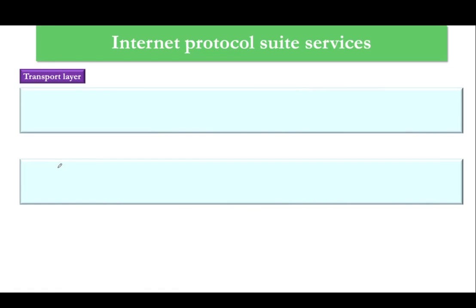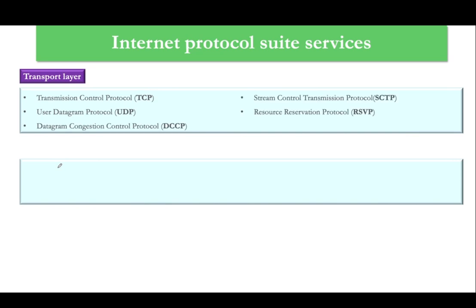The first one is the Transmission Control Protocol, TCP. The second one is UDP, User Datagram Protocol, and you can also find the Datagram Congestion Control Protocol, Stream Control Transmission Protocol, and Resource Reservation Protocol.